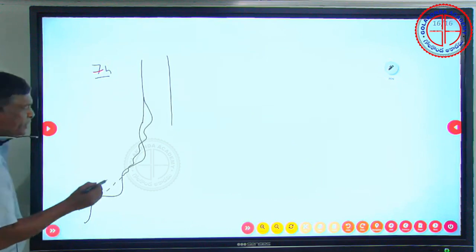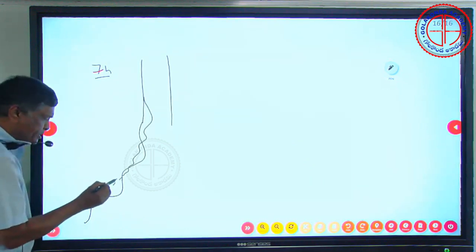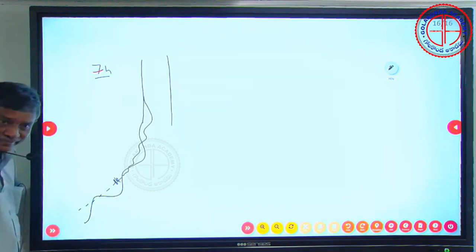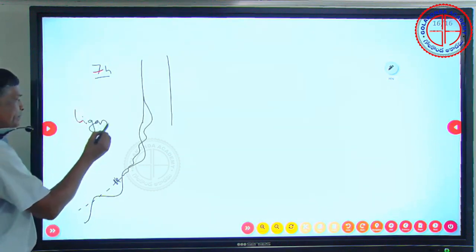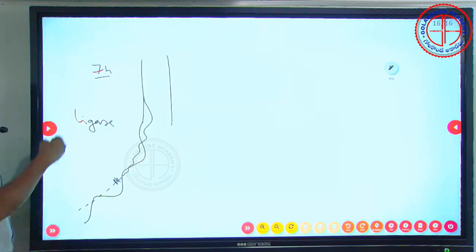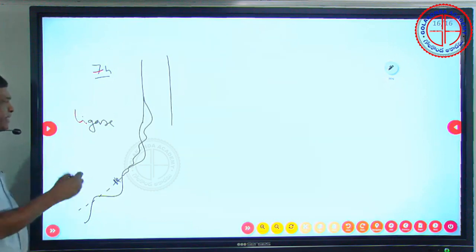Then after the pieces are formed, they are stitched by an enzyme. What is the enzyme? Ligase. Ligase stitches the fragments by a method known as ligation.